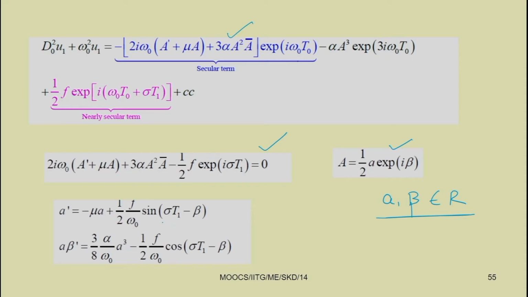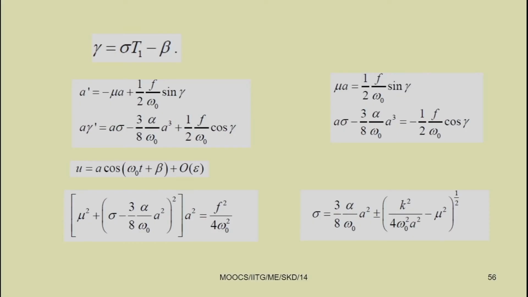Here you just see that the right hand side terms contain the time. So these are non-autonomous systems. First we should make it autonomous for simplifying our analysis. So, by taking sigma t1 minus beta as gamma, we can take gamma equal to sigma t1 minus beta.